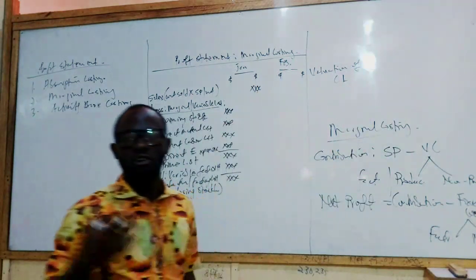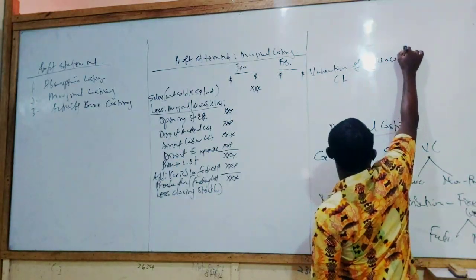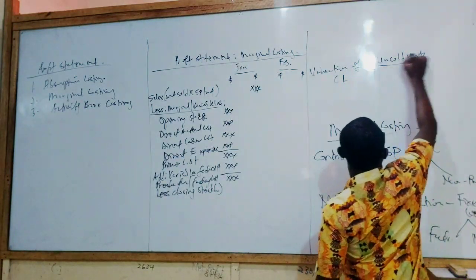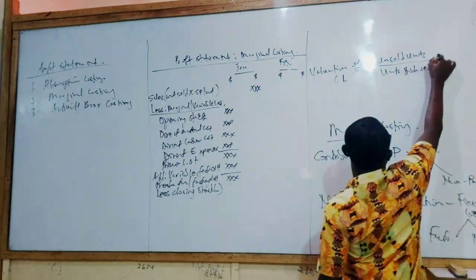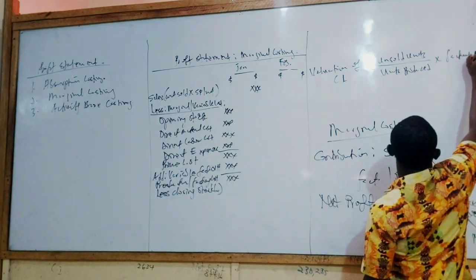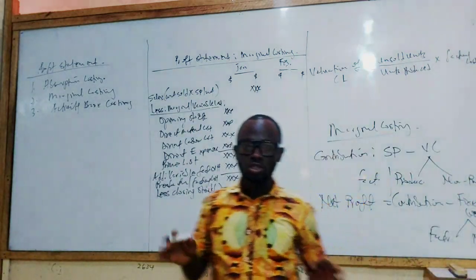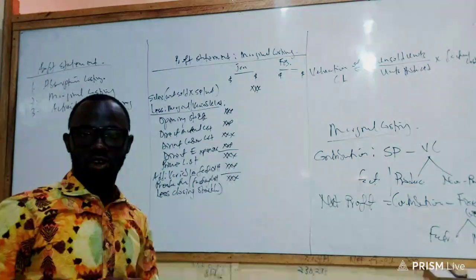The valuation of closing stock is going to be simple. It's going to be unsold units divided by units produced times the factory cost or the production cost.